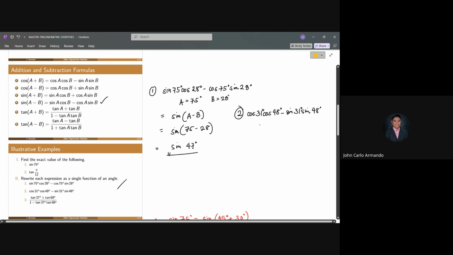You just simply observe that it is the same as number 1. Cos A plus B is cos A cos B minus sine A sine B. Therefore, that is equivalent to cosine A plus B, where A is 31 and B is 48. That is equal to cosine 31 plus 48, which is 79. That is equivalent to cosine 79.